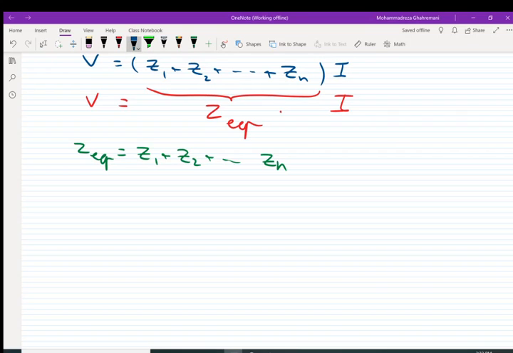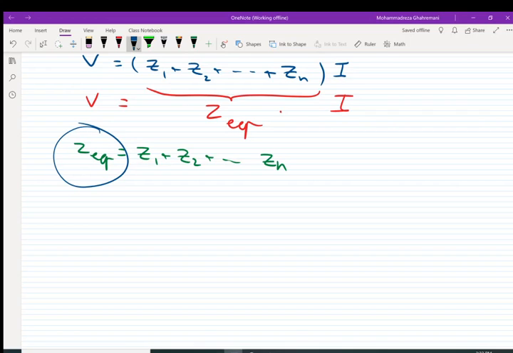So here is the Z equivalent for series. But one thing: the impedance is a complex number, because it can consist of different elements like inductor, resistor, and capacitor.